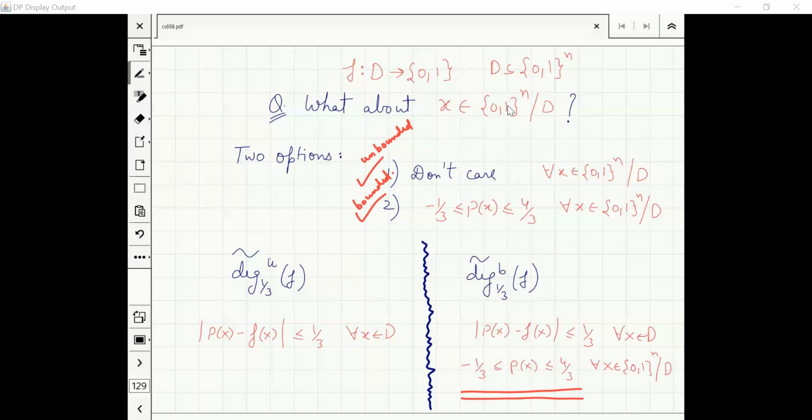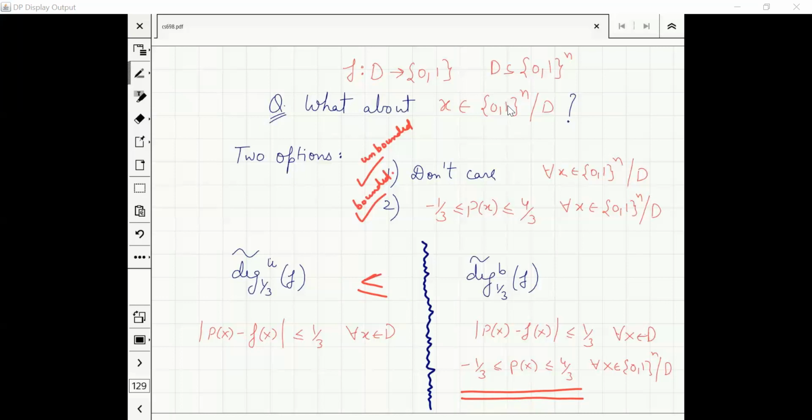Correct. Unbounded is less than or equal to bounded, because in bounded I have to satisfy more constraints, right? So if any polynomial is a bounded approximation, it is clearly an unbounded approximation. So whatever small degree I can achieve with bounded, I can definitely achieve with unbounded, but probably better. So there is a less than or equal.